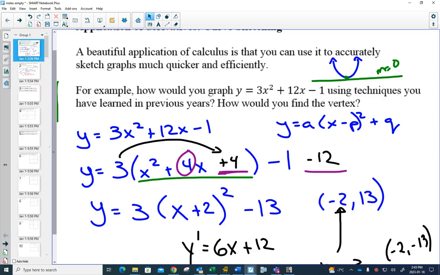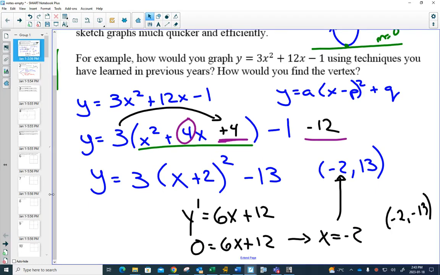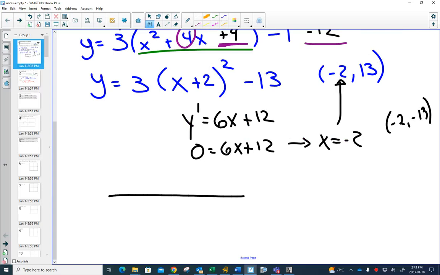We had a 3 in front of the x squared, which is positive. Ours is going up. But what we're going to find out in calculus is once we find out that -2 was our vertex, our minimum or maximum point, we are going to draw a number line with -2, and then we're going to check what happens in each of these sections.